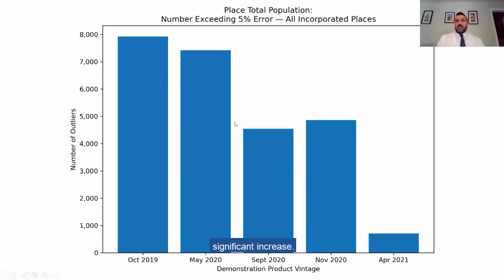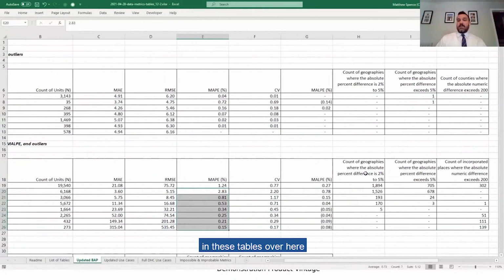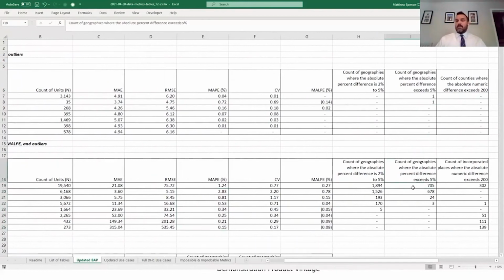So we're seeing a significant improvement, and a lot of that may be due to the improvements that Michael discussed in the algorithm and choosing the discrete Gaussian mechanism, which has those narrower tails, which means fewer very large outliers. These outlier metrics are generally in these tables over here on the right. Here's that 700 number I was mentioning before, that there are 700 of those that have an absolute percent difference exceeding 5%.